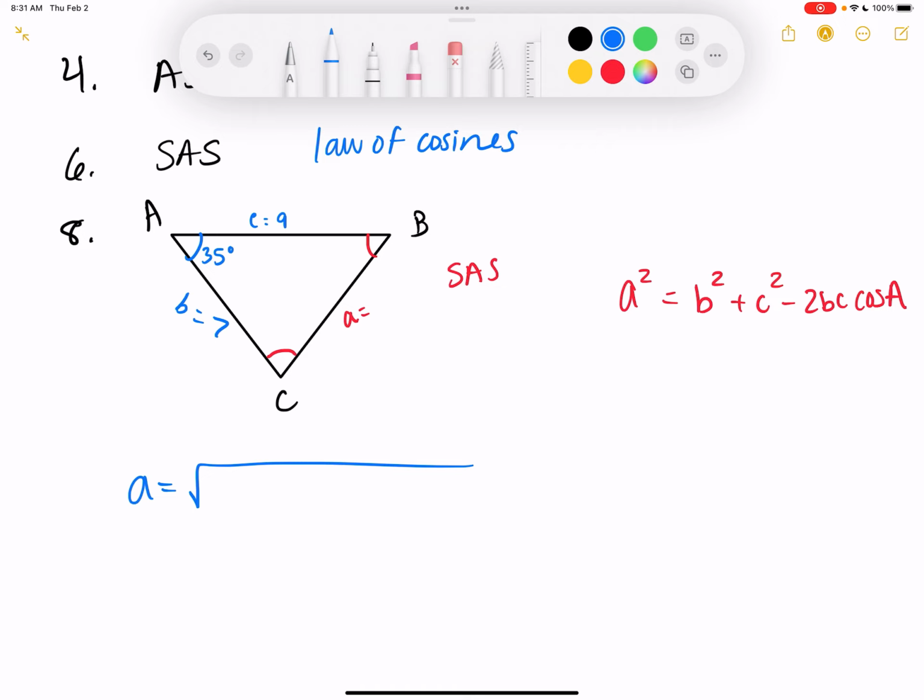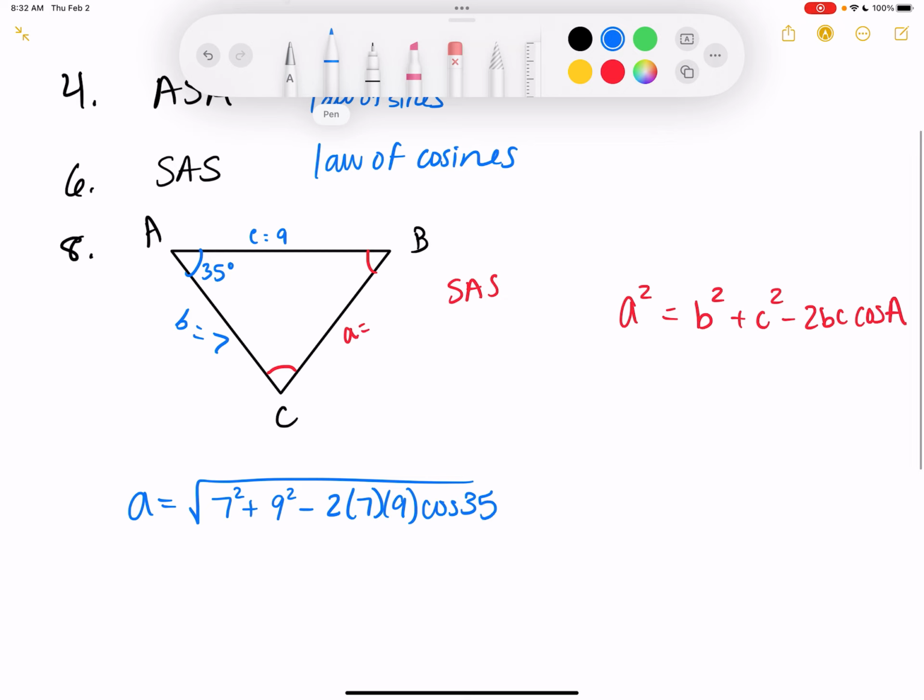So B was 7, so 7 squared plus 9 squared minus 2 times 7 times 9 times the cosine of 35. And make sure, if you're going to type this all into your calculator as one thing, that you put parentheses around that, because otherwise it's just going to subtract the 2 off. Or it might, because your calculator's not always that smart.